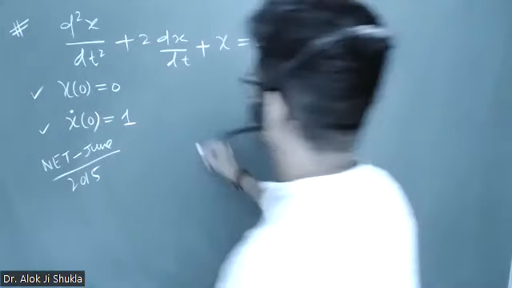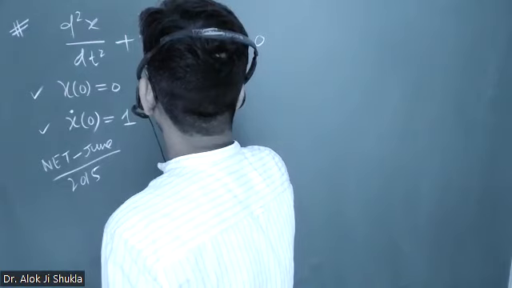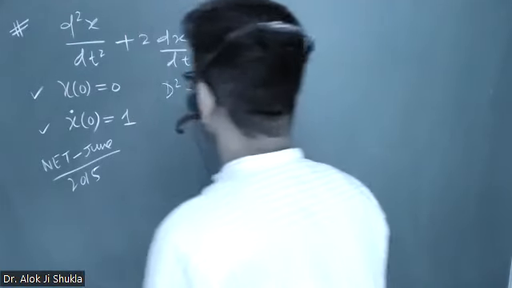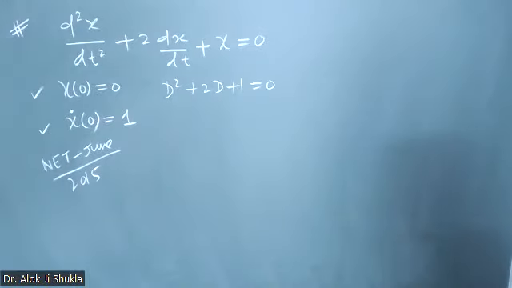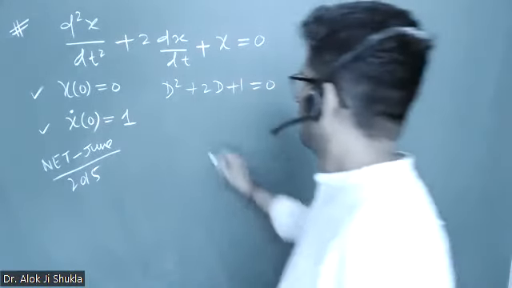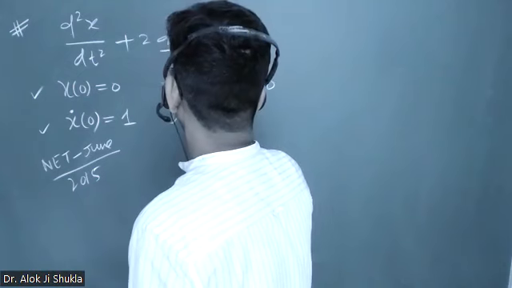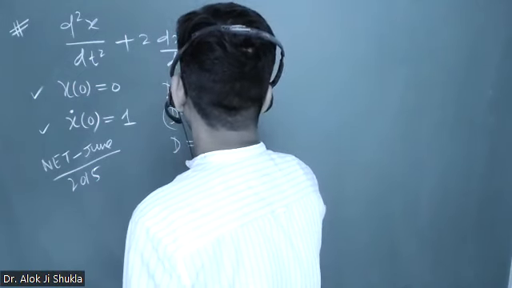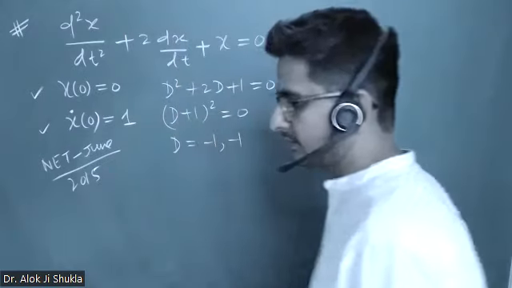So this is homogeneous second order, d square plus 2d plus 1 is equal to 0. Then (d plus 1) whole square is equal to 0. D is minus 1 and minus 1.